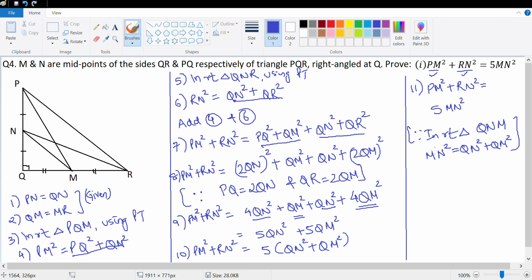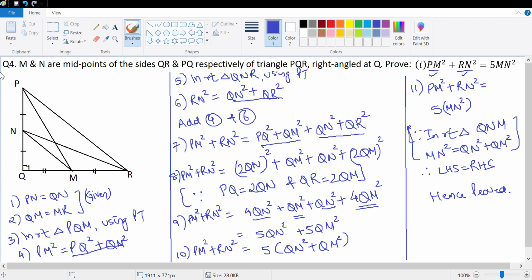So instead of QM square plus QN square, we've written MN square. Therefore LHS is equal to RHS, hence proved. Done. So we've solved this question. This is one way of solving this question. I will look at another way of solving this question in a few more minutes.